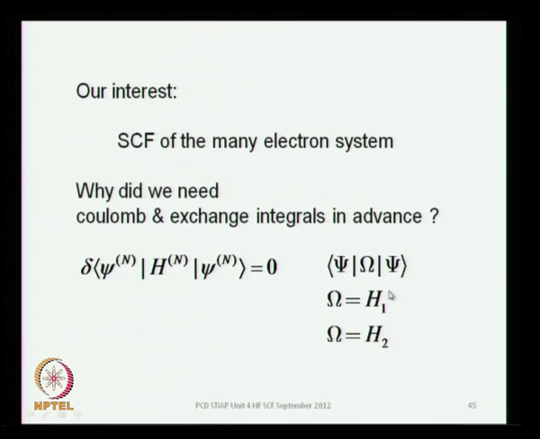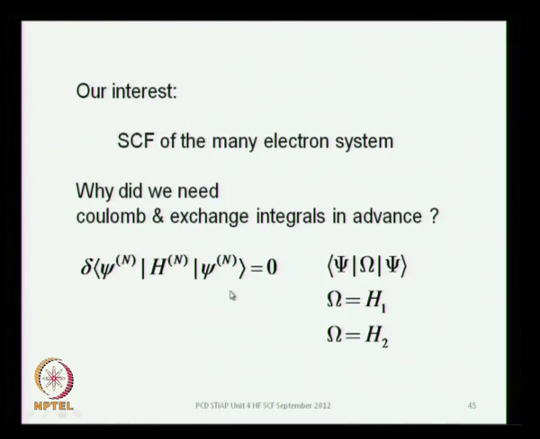and this Hamiltonian is made up of either single particle operators or 2 particle operators, and this 2 particle operator is the Coulomb interaction, the 1 over r_ij, right, and we therefore will need the Coulomb and the exchange integrals in the analysis of this expression.